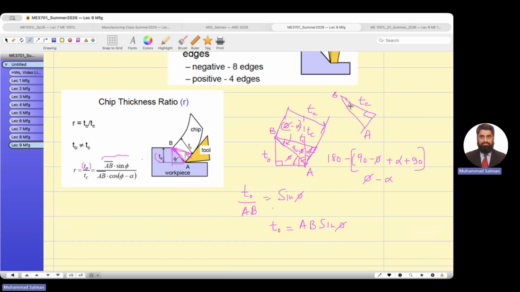So I want to know what is TC, if this angle is given, phi minus alpha. Agreed? So you will tell me, professor, this is adjacent over hypotenuse. What is adjacent over hypotenuse? Cosine of that angle, phi minus alpha. So cut chip thickness equals AB cosine of phi minus alpha. You agree with your professor?